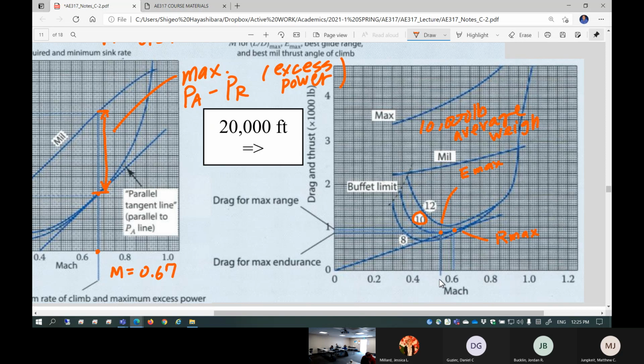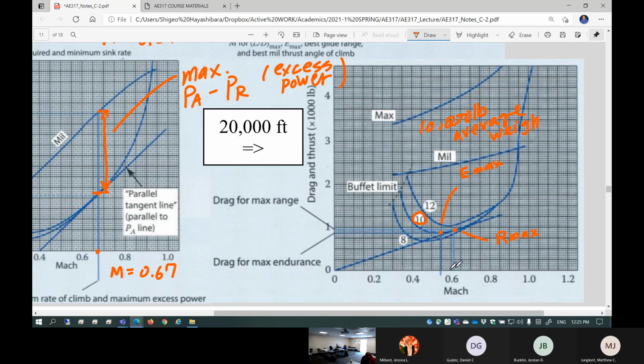One is a lower Mach number, one is a higher Mach number. One maximizes endurance, one maximizes range. Then you read off the corresponding value, which is fairly close, but this is the required drag value.